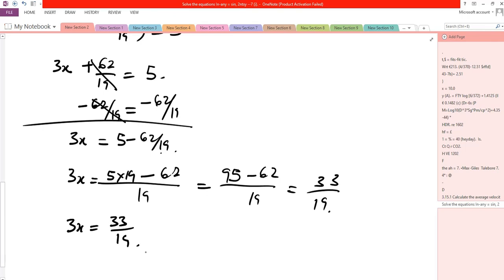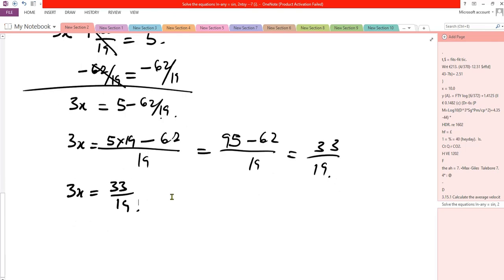To isolate x, we divide all through by 3. This 3 will cancel this.